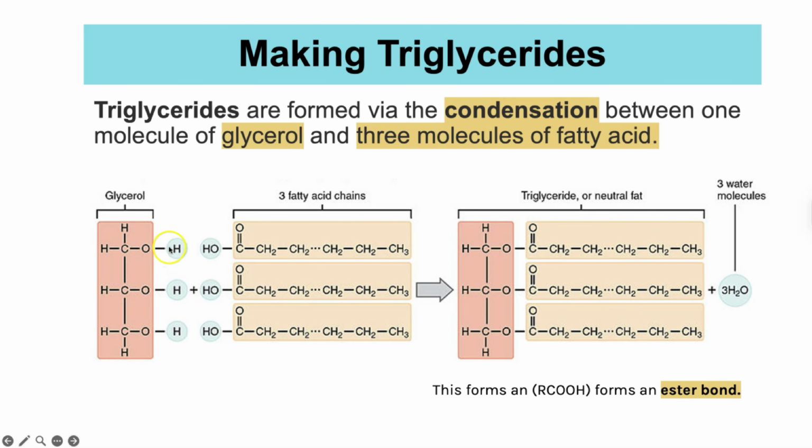And the water is removed from that hydroxyl group and that hydrogen, and we can see that ester bond then is a carbon to the oxygen to the carbon, but with that double bond O and the H and H there. So that forms an ester bond, and they've got that written here, our ester bond.